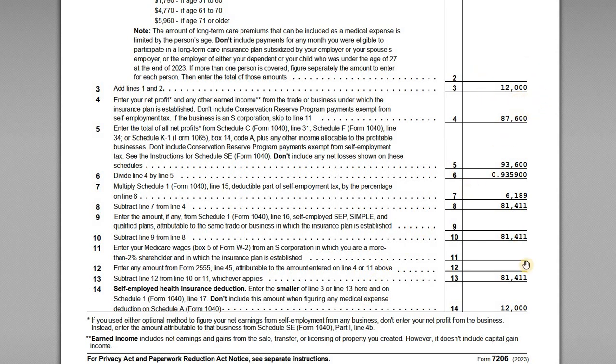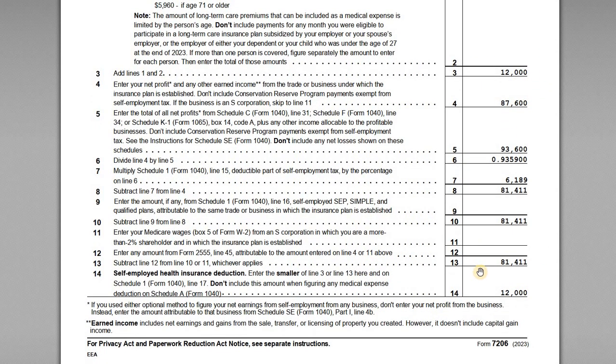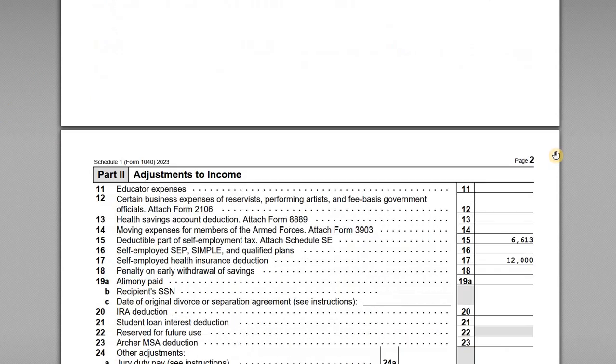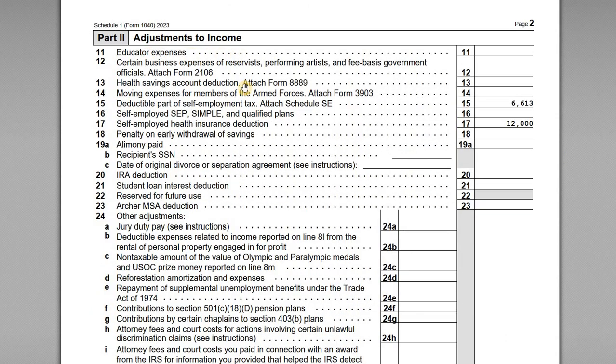Well, line 3 is $12,000, line 13 is $81,411, so the lesser amount is going to be this $12,000 figure. So once we have the $12,000 figure, that self-employed health insurance deduction is reported on Schedule 1. So if we go down to Schedule 1, Part 2, Adjustments to Income, we have the SE health insurance deduction of $12,000.